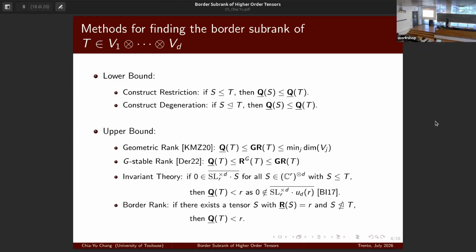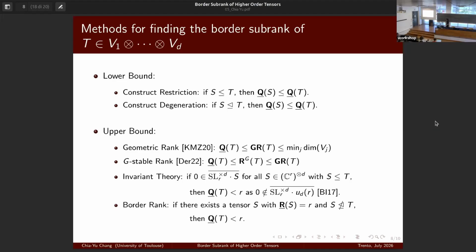If all tensors S in this space, which is a restriction of T, have the property that they are unstable under the SL action, which means that zero lies in the orbit closure of S under the action of SL, then the border subrank of T is less than R. That is because the unit tensor is not unstable under this action, and also this condition is a closed condition.